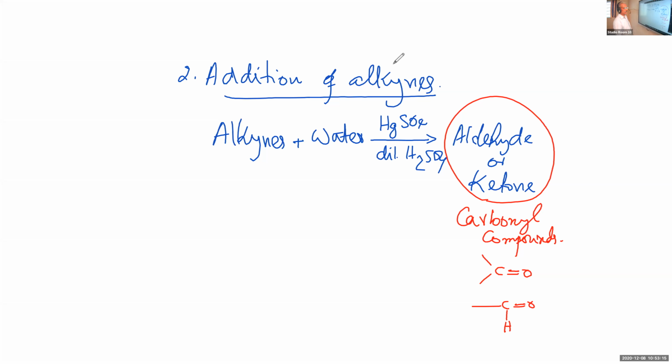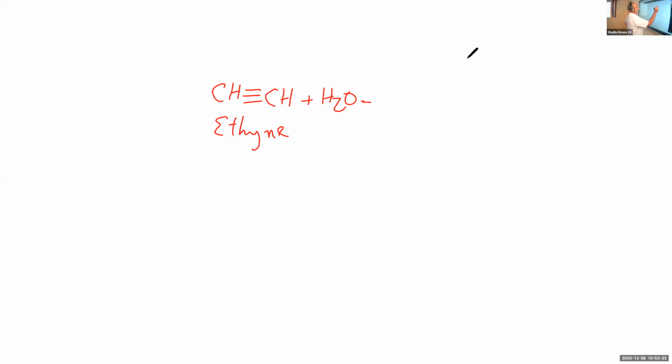Let us see the reaction. As an example, you take CH triple bond CH, that's our ethyne or acetylene. It reacts with water in presence of mercuric sulfate, HgSO4, and dilute sulfuric acid. There is an addition of water.